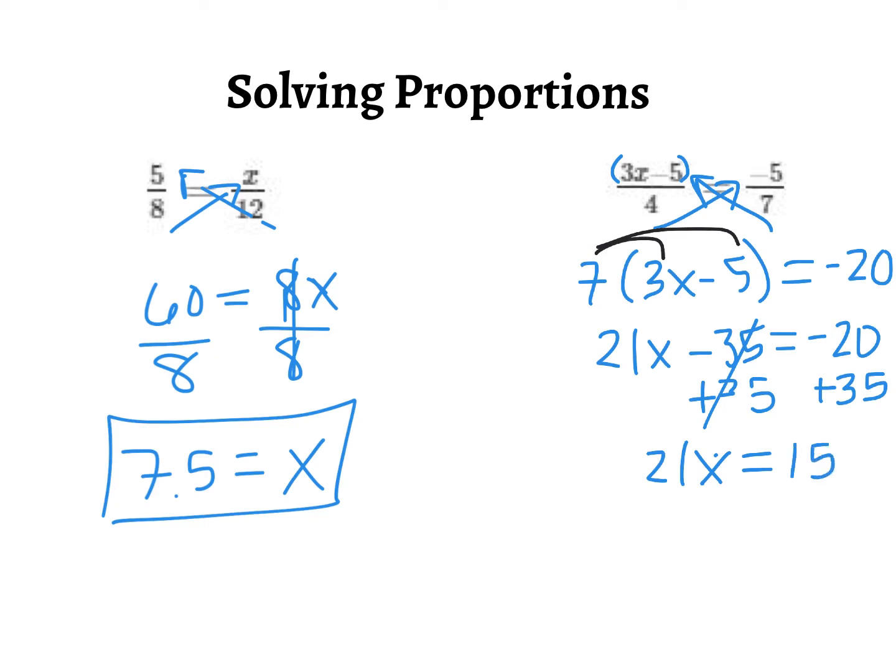And we divide both sides by 21. So x equals 15 over 21. Or if we simplify it, notice that the numerator is divisible by 3, which gives us 5. And the denominator is also divisible by 3. 21 divided by 3 is 7. So 5 over 7.